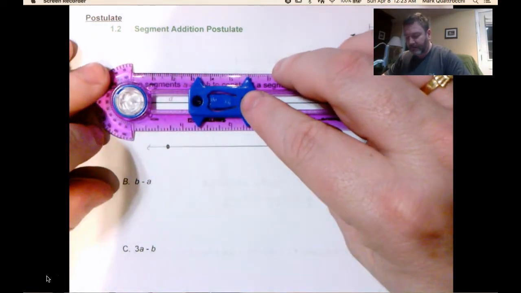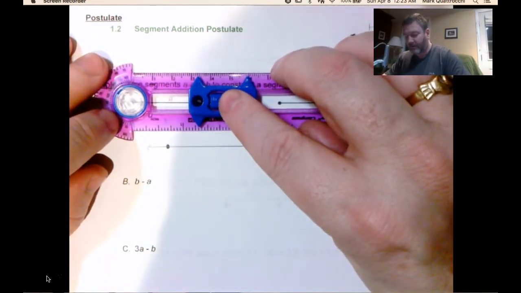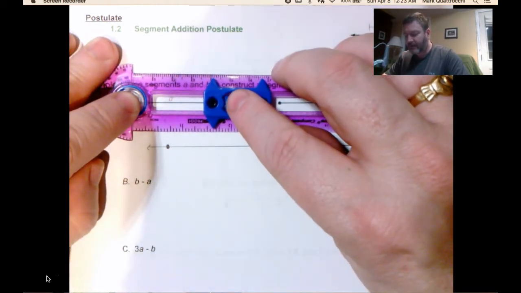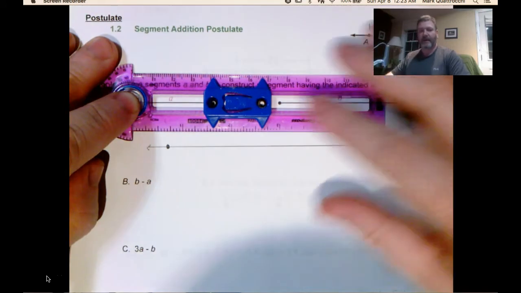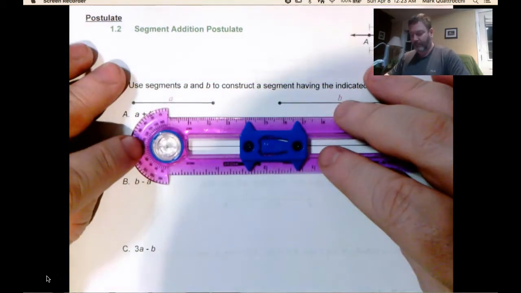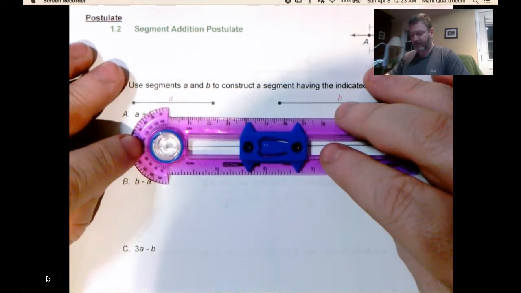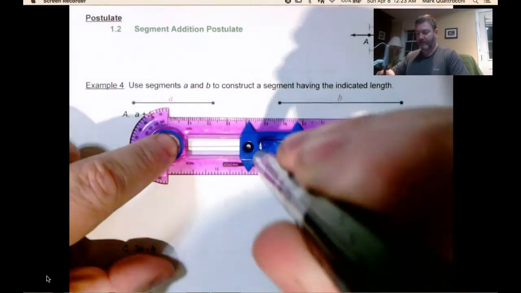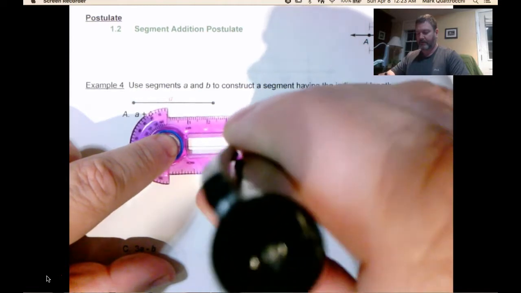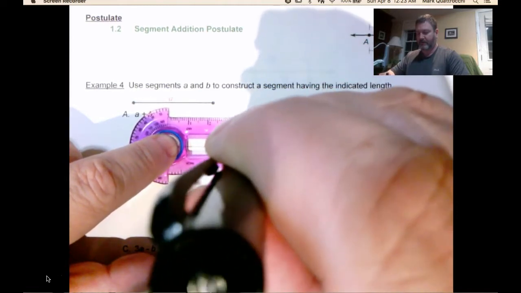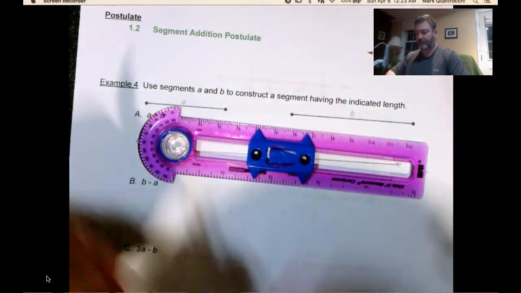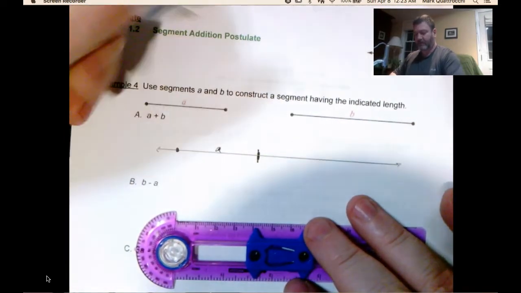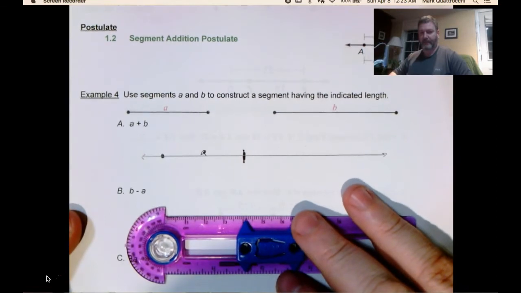I need to set the length of my compass to the length of segment A. Put my center of rotation on this point here. Make my arc. And this is a copy of segment A.